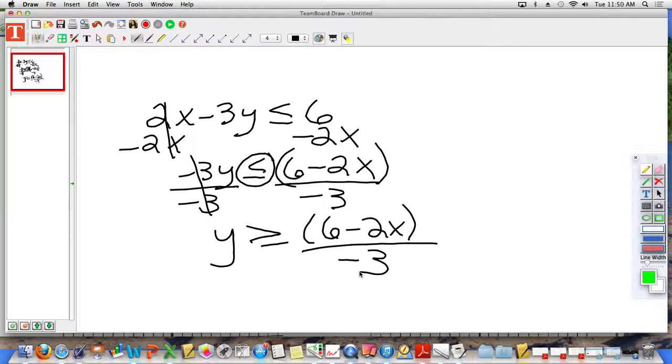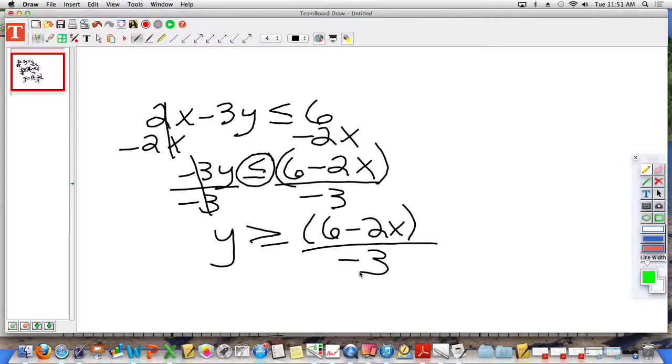You need to remember that if you divide by a negative number, you must switch the direction of the sign. Now you do the problem exactly the same way that you normally would. Go to y equals, make a table, find a couple of points that will fit on that line, plot the points, connect them either with a dashed line or a solid line.